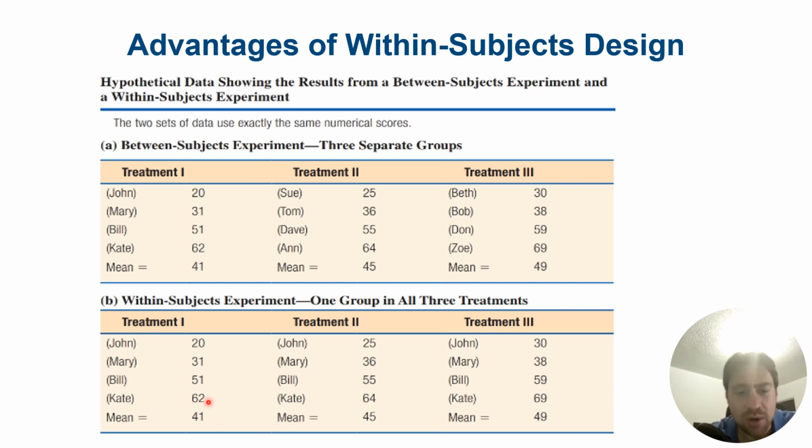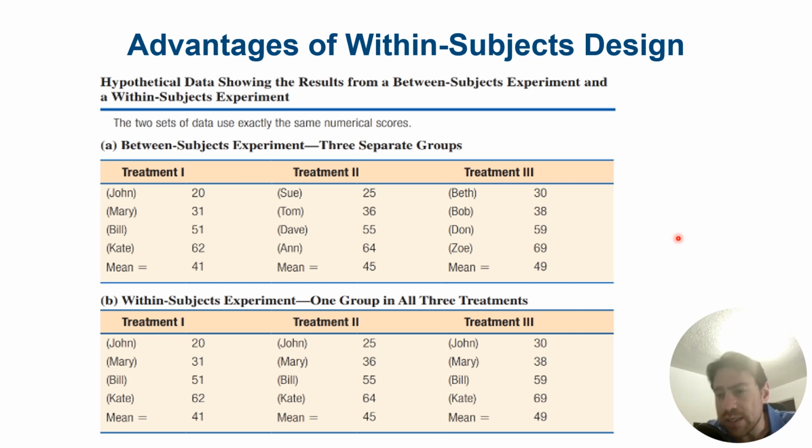And Kate's score is consistently higher than Bill's in all 3 treatments by approximately the same amount. So what this allows you to do is decouple the individual differences from the data and, in a sense, remove those differences. And this reduces the variance within each of the treatment conditions, making the effects of the treatment much easier to see.